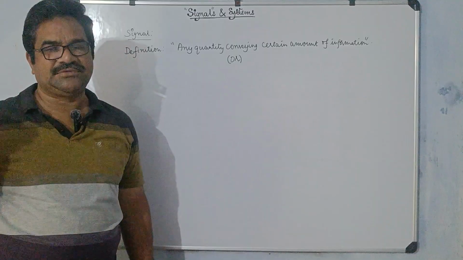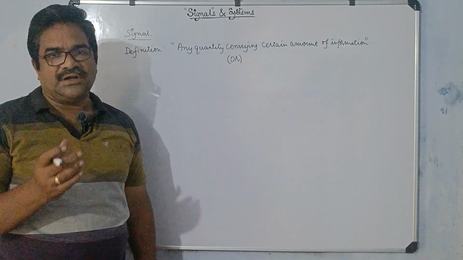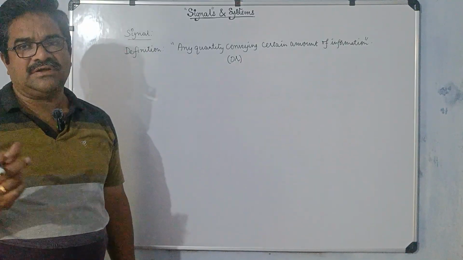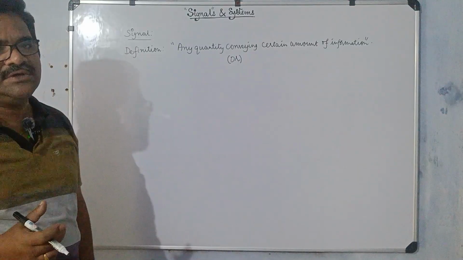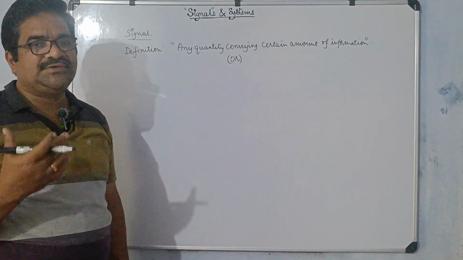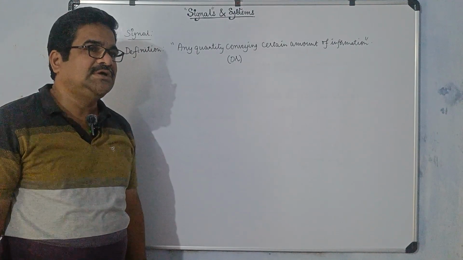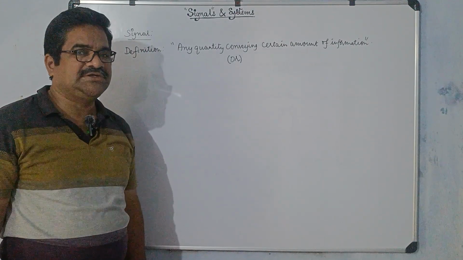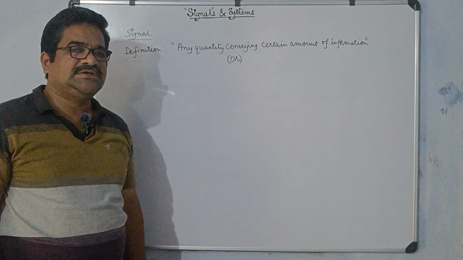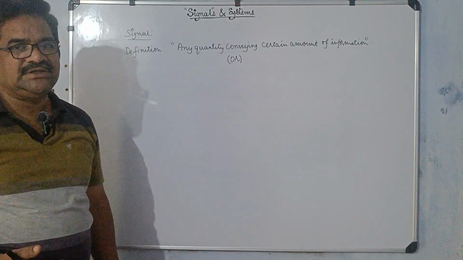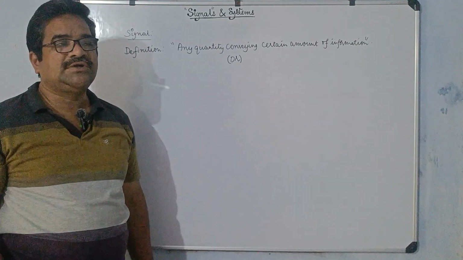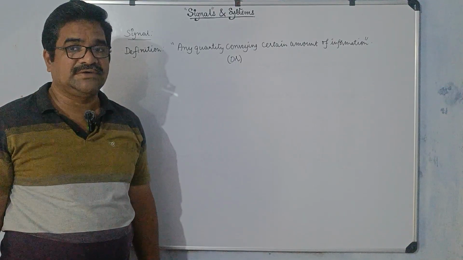Sometimes it may be high, sometimes it may be low, or at some time there is no signal at all. The amplitude is zero. So the amplitude of the signal keeps on changing with respect to time. So the alternate definition for a signal can be given as signal is any quantity which is varying with one or more independent variables. Okay.